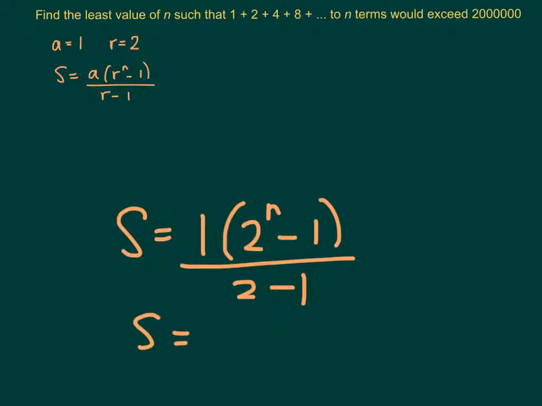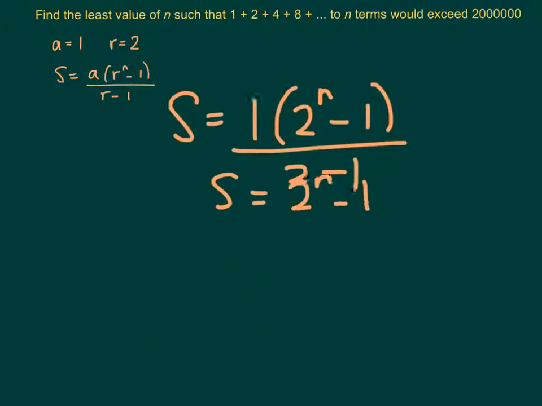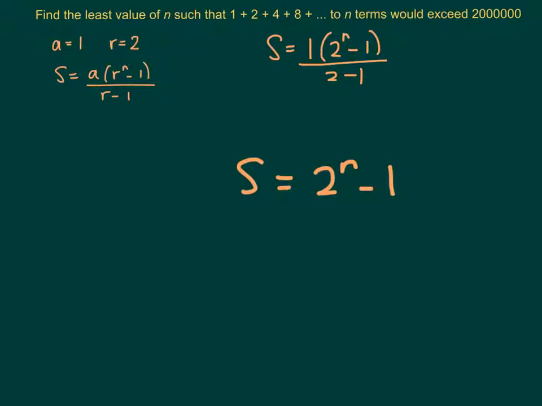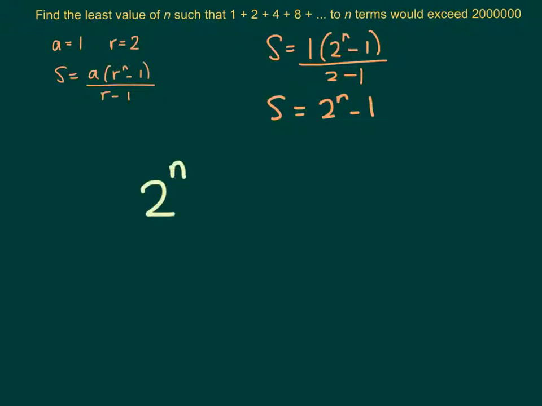If you simplify that, we'll have 2 to the power n minus 1. That's our sum of those terms. So we want to find when 2 to the power n subtract 1 is going to exceed 2 million.